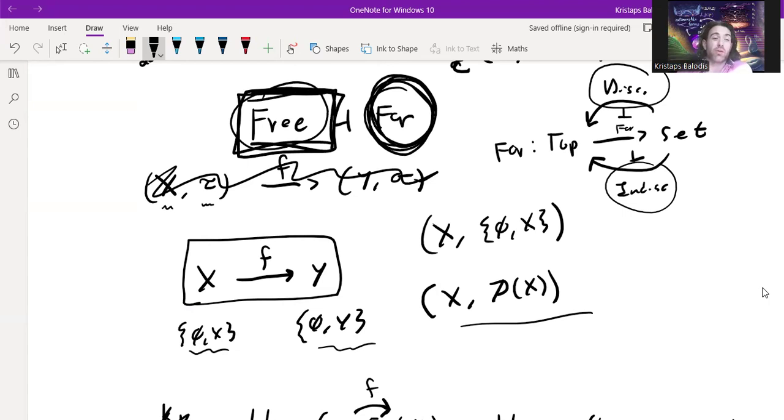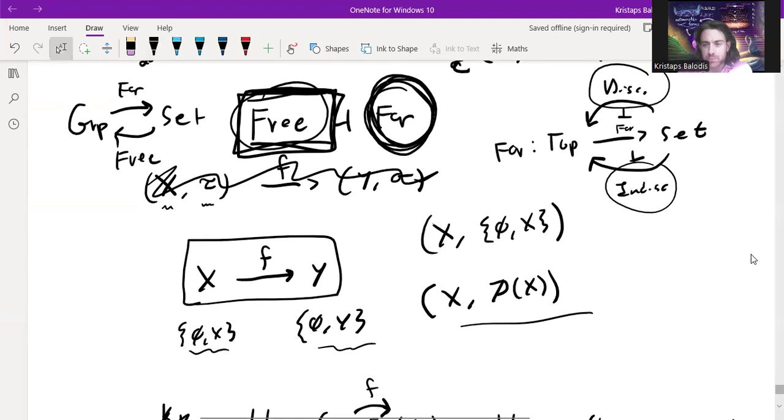So another example is groups and sets, right? So again, you can forget that your group ever had a group structure and take the underlying set. The way that you go back is actually the construction of a free group on a set. So that also gives you a pair of adjoint functors.